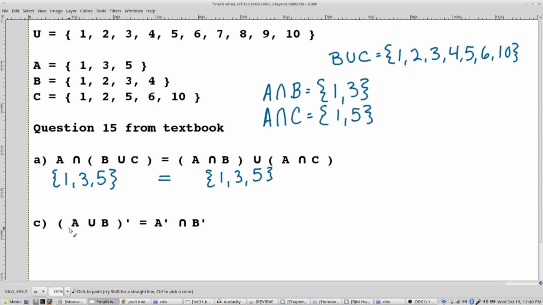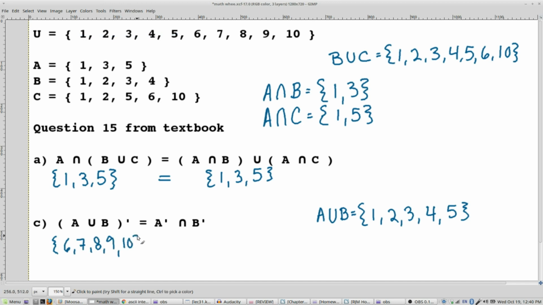Okay, down here we have the complement of A union B. So A union B is going to be them both combined. So 1, 2, 3, 4, and 5. And then the complement is going to be whatever's in the universal set that is not in these. So those numbers: 6, 7, 8, 9, 10.